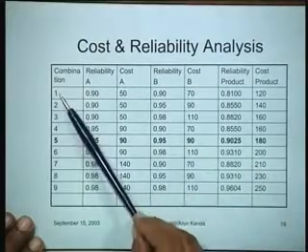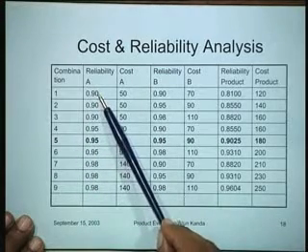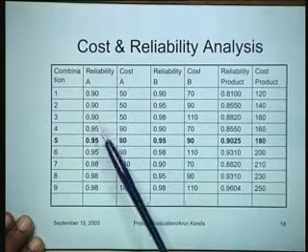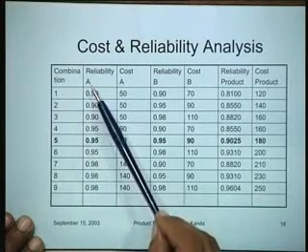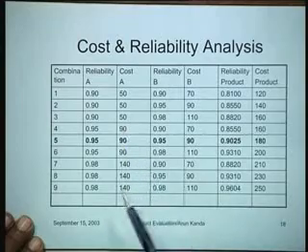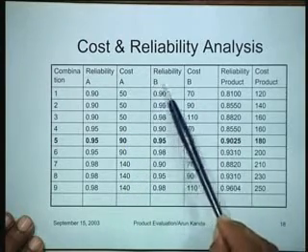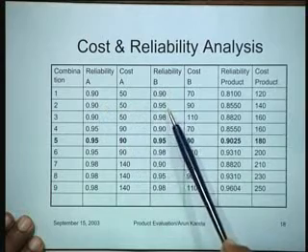What would happen is that there are 9 combinations involved, and you can have 0.9 reliability, 0.95 reliability, 0.98 reliability for the subcomponent A, and the corresponding costs are listed here. And similarly for B, you can have reliability for each of them of 0.9, 0.95, 0.98.